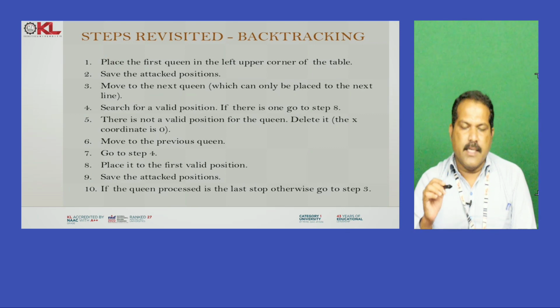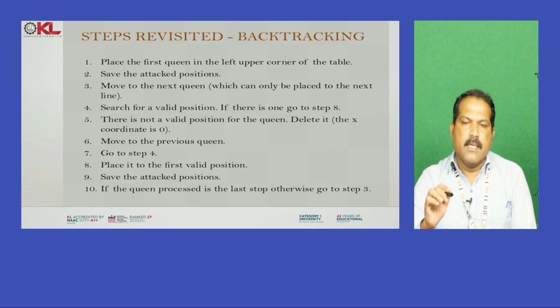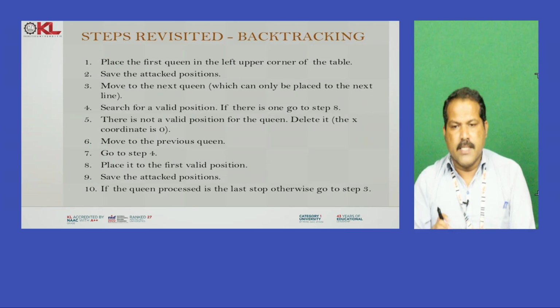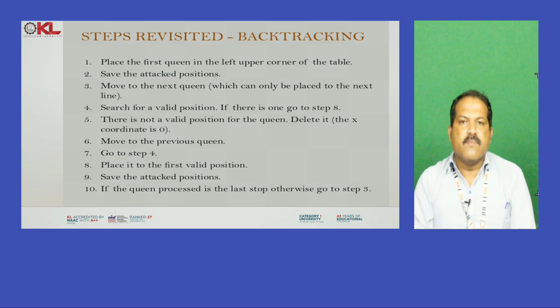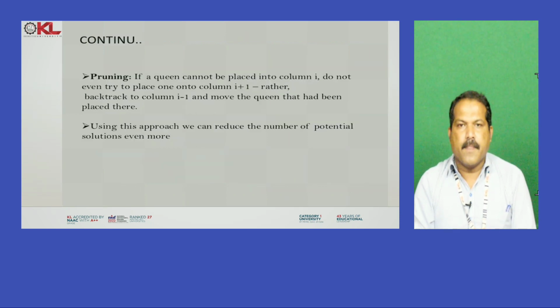By saying that, we are going to move the object in the safest manner. The same way here, we are taking only the 8 queens, and each and every one should not attack each other. So you have to save the attack position, and move to the next queen, which can only be placed in the next line.